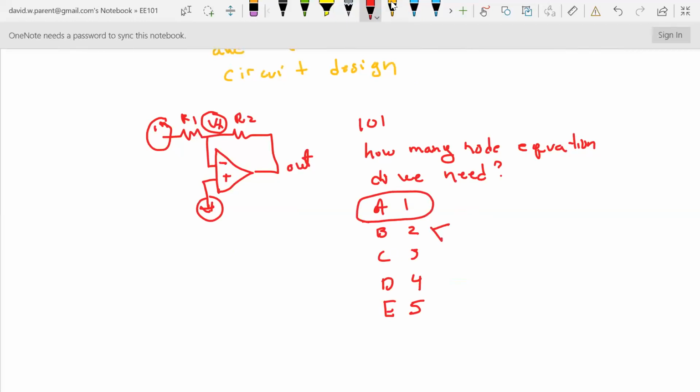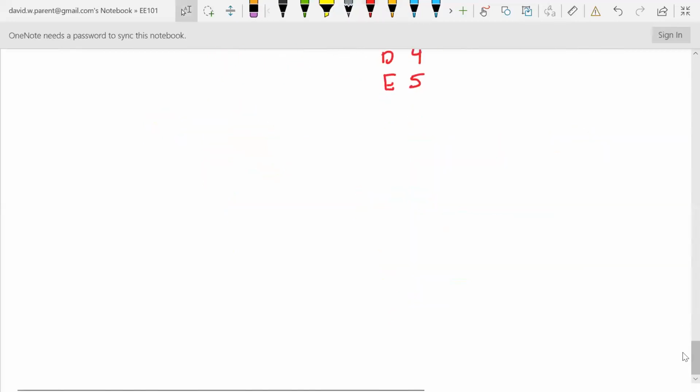But maybe a lot of people would say 2 because they'd think Vout was a node, but no, it's a behavioral voltage node. And some might say 3 because there's Vin, and some might say 4 because there's that, and then 5 would be right out.